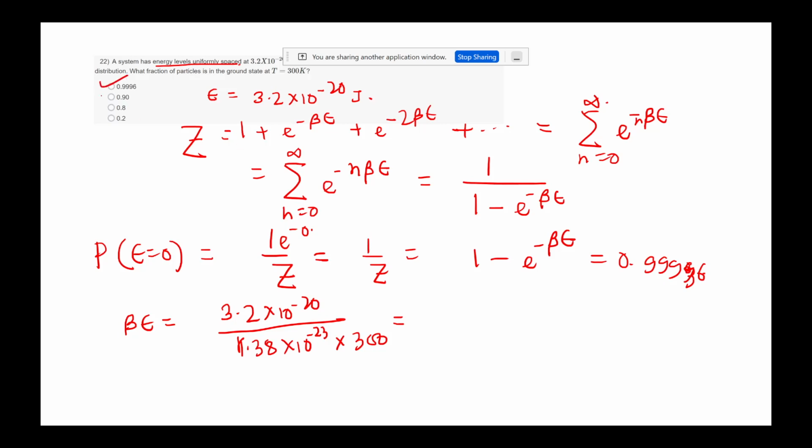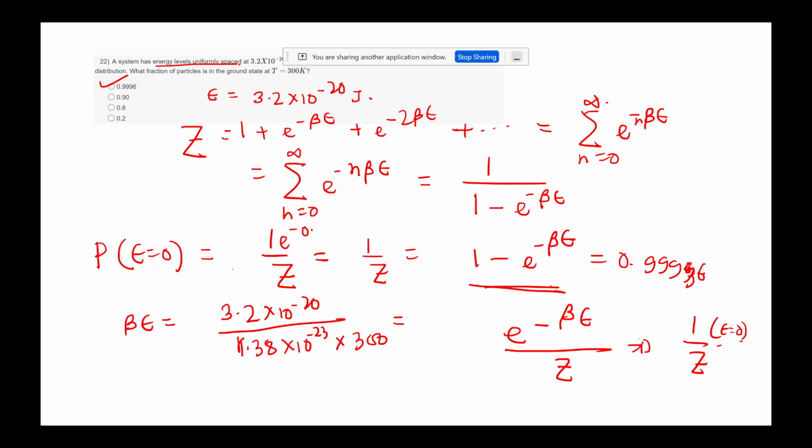Second last line, can you tell once more? Which one? This one? The probability of finding a molecule at any energy level is written as e to the power minus beta epsilon by z. Now for epsilon equal to 0, it becomes 1 by z, right? That is what I am doing.